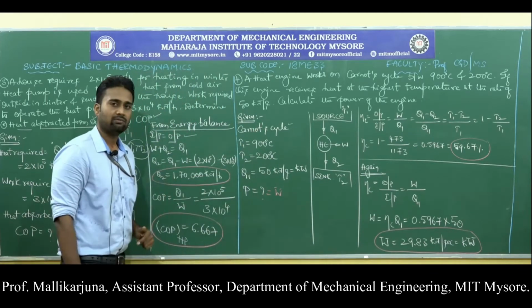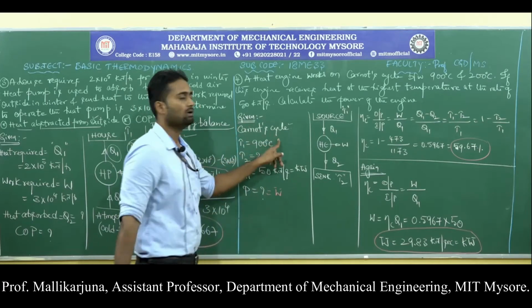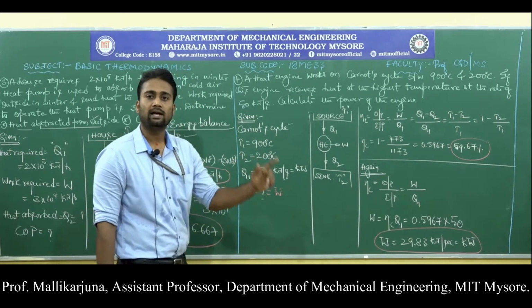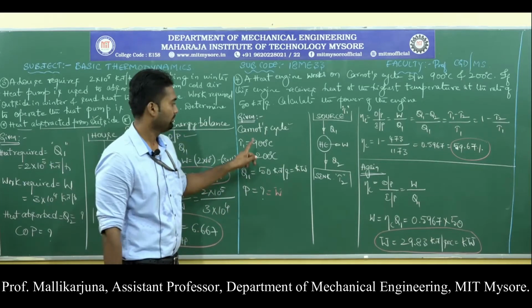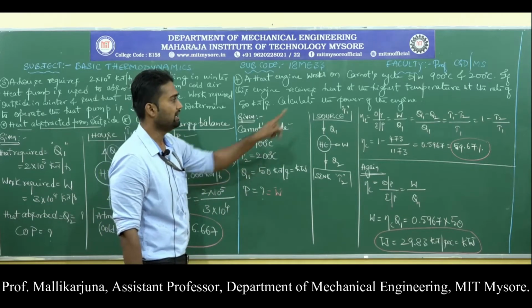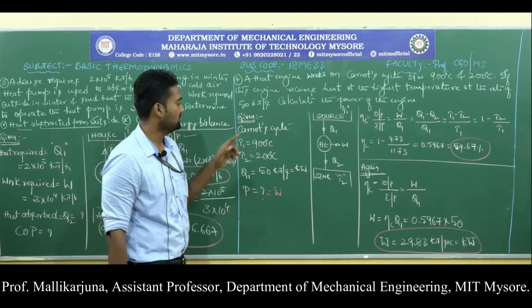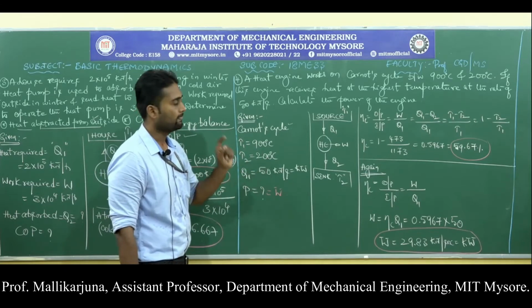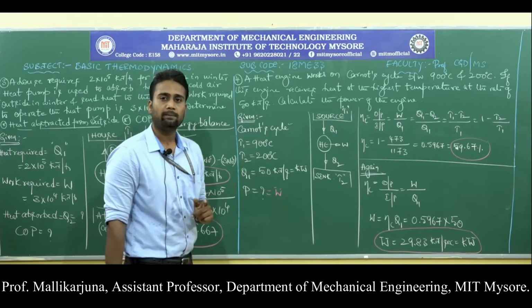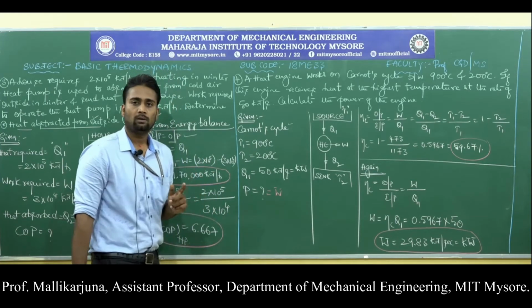Let me write the given data first. The given engine is operating on the Carnot cycle, in the sense they have talked about Carnot's engine. Next, T1 is 900 degree centigrade, T2 is 200 degree centigrade. From my notation side, T1 is the highest temperature, T2 is the lowest temperature, and make sure while dealing with temperatures, we need to deal with absolute temperatures.